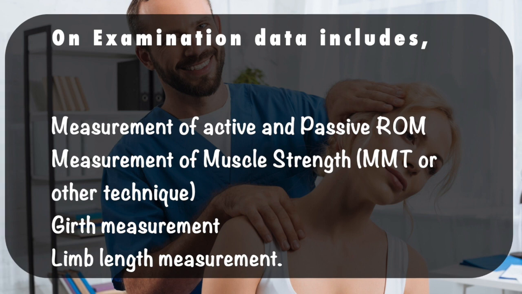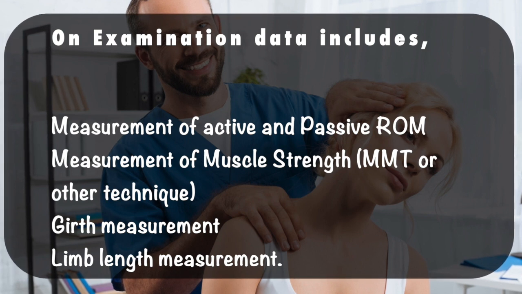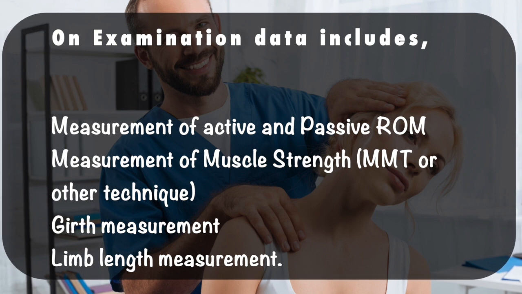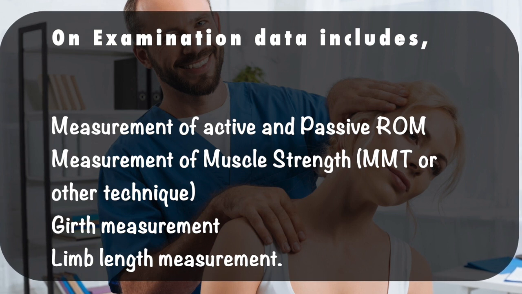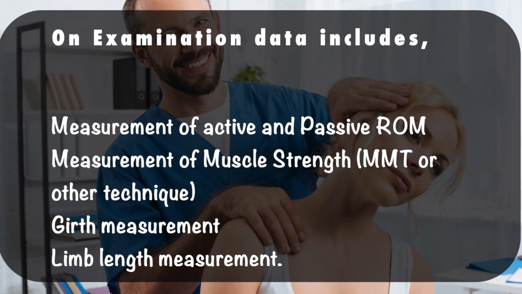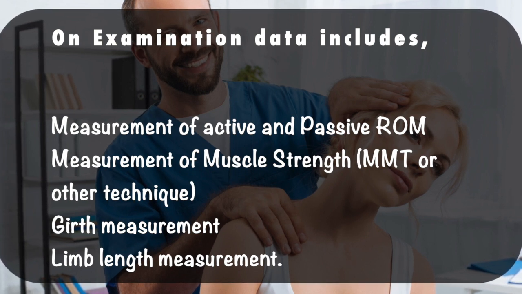Along with the measurement of range of motion, the presence of pain or any other symptoms, the quality of pain, the restriction of range of motion, the pattern of movement, the movement of associated joints and the presence of any abnormal sounds should be noted during the movement.